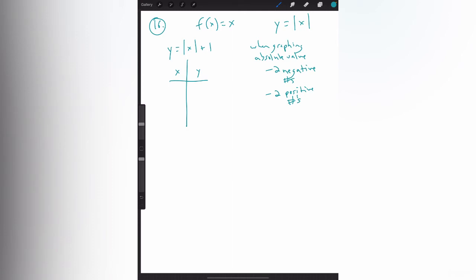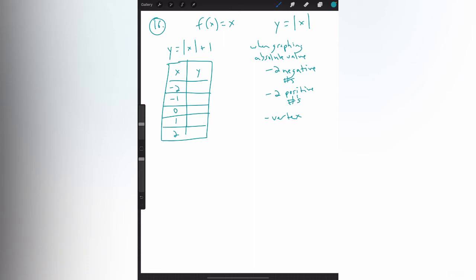And your hope is also to find something called the vertex. We'll talk about the vertex here shortly too. So I'm just going to pick negative 2, negative 1, 0, 1, and 2. So I have a couple negative numbers and a couple positive numbers, and I got 0 in there because that's easy. All right, so I'm going to go ahead and substitute these values in.